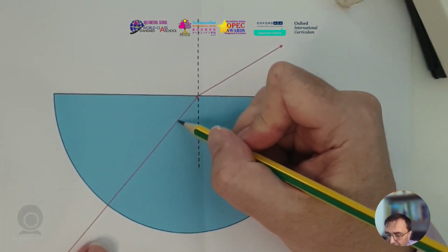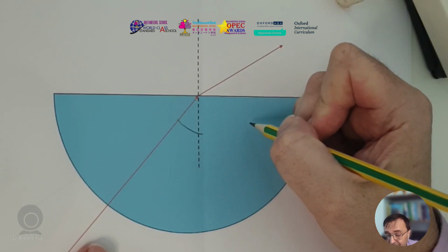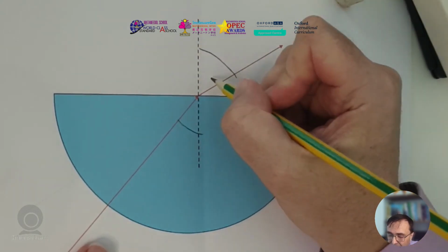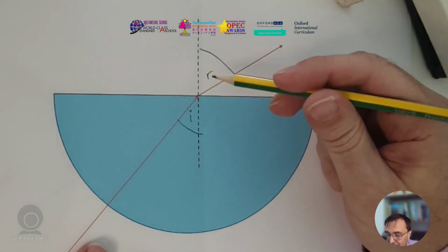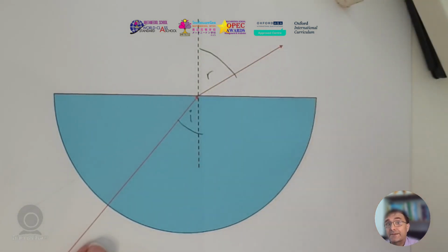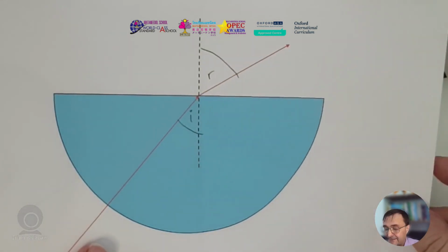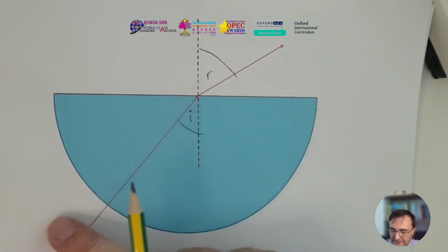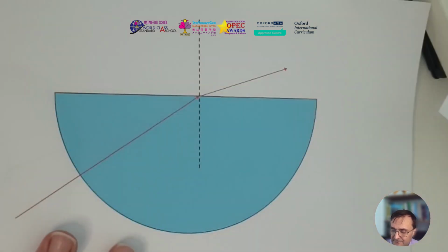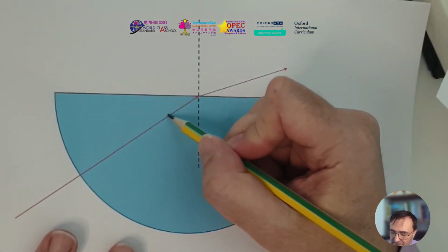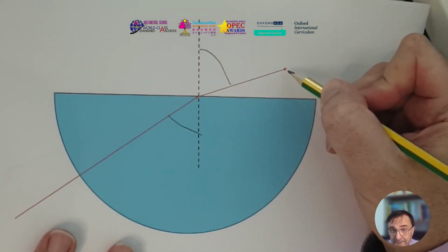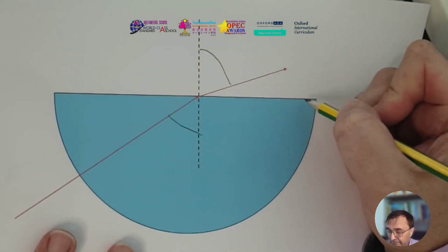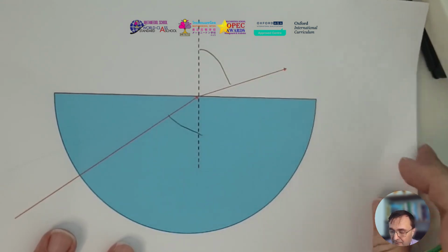So here we have our angle of incidence and we have our angle of refraction. Our angle of refraction is always bigger than our angle of incidence. So if I increase this angle here, the angle of refraction is also bigger and the exiting ray is closer to the edge of the block.